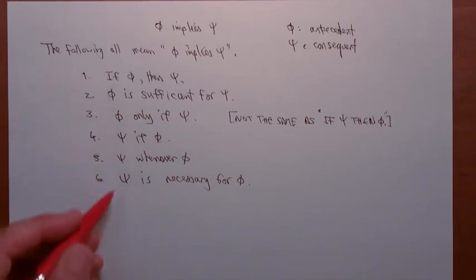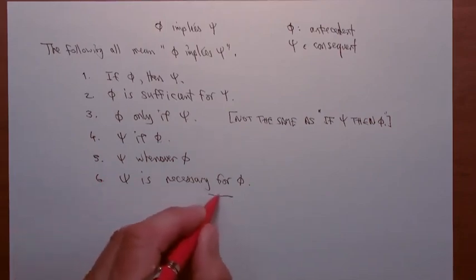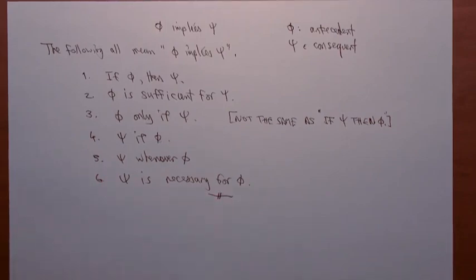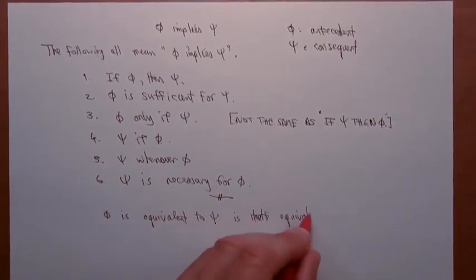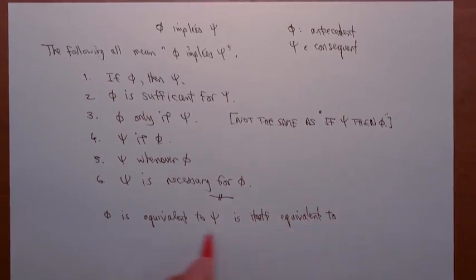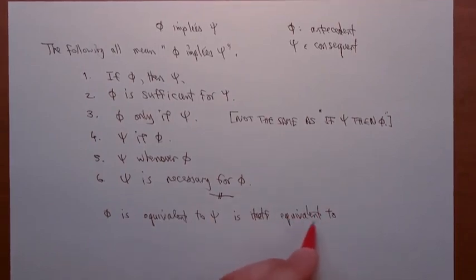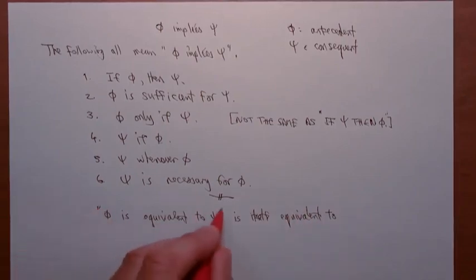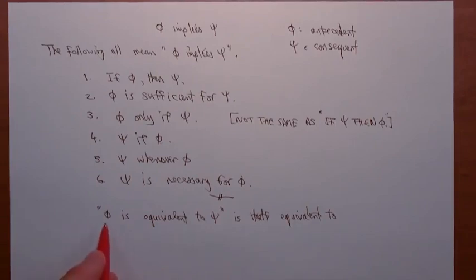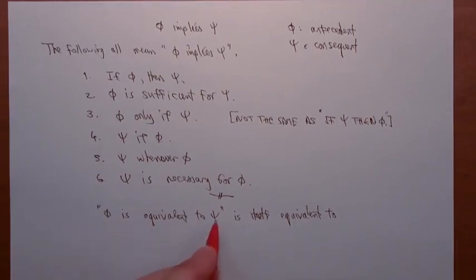And having introduced terminology commonly associated with implication, we have an associated terminology for equivalence. Phi is equivalent to psi, is itself equivalent to. By the way, this already shows how ubiquitous the equivalence is, because the obvious way to describe that this is equivalent to something is to use the word equivalent as well.